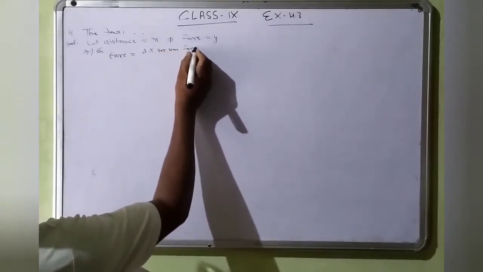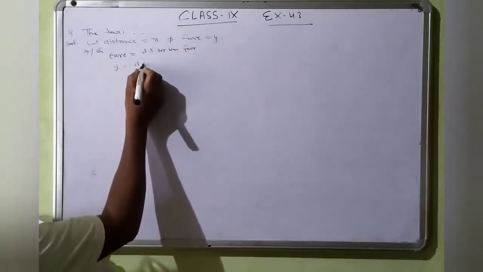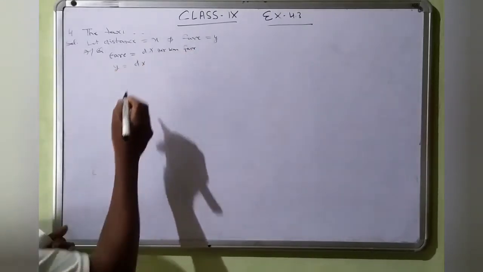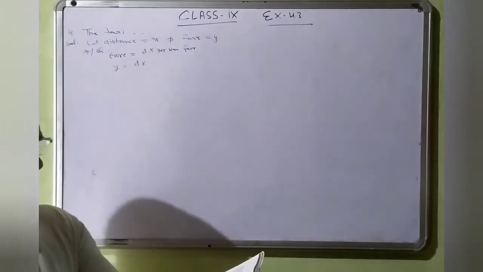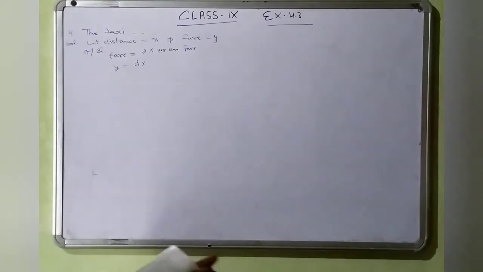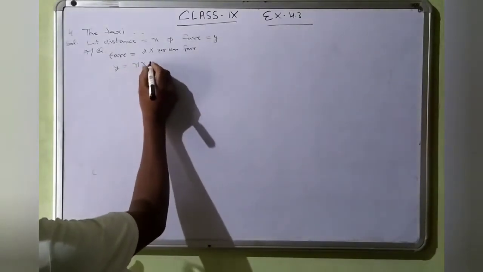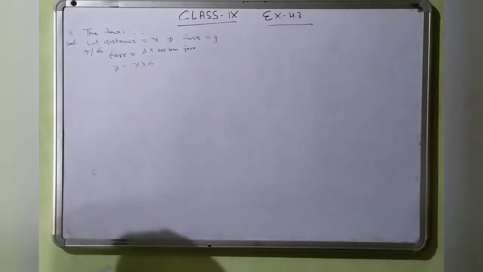Fare is y, distance multiplied by how many kilometers it is going, that is x kilometers, x multiplied by 5 rupees, the charge per kilometer.